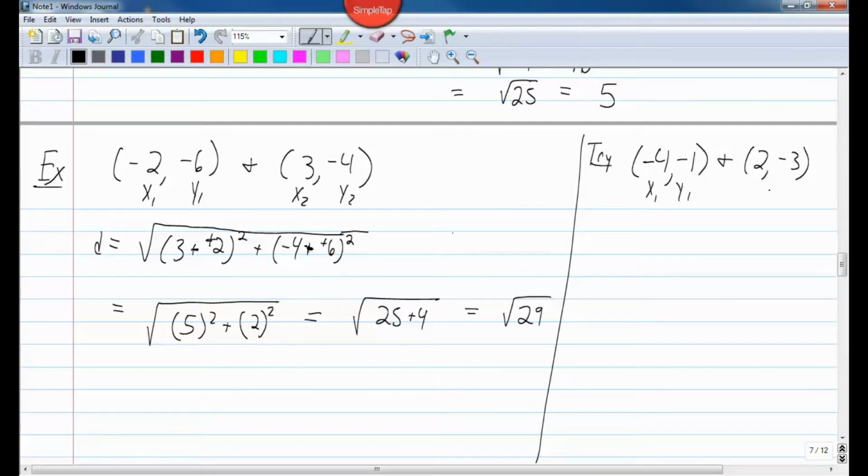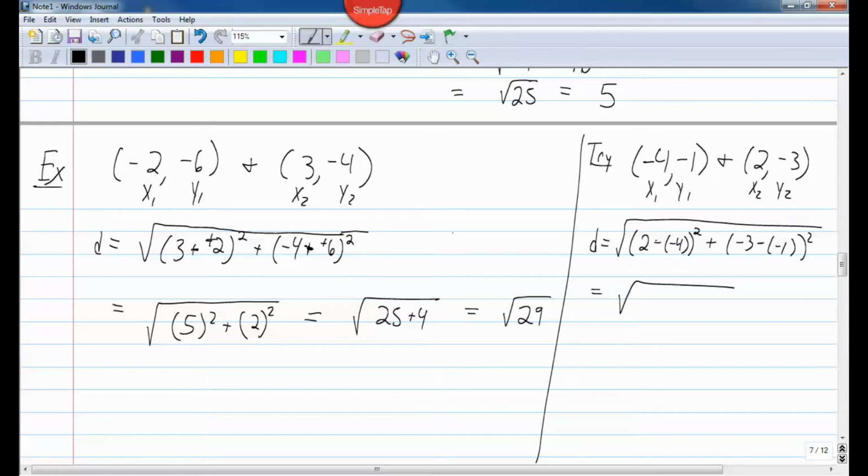So I'm going to label my points. Distance is equal to the square root of x sub 2 minus x sub 1 squared plus y sub 2 minus y sub 1 squared.